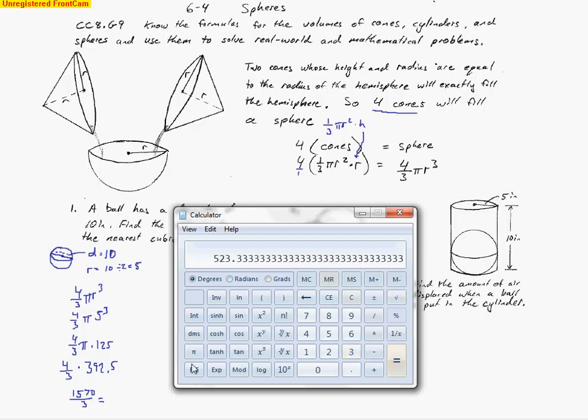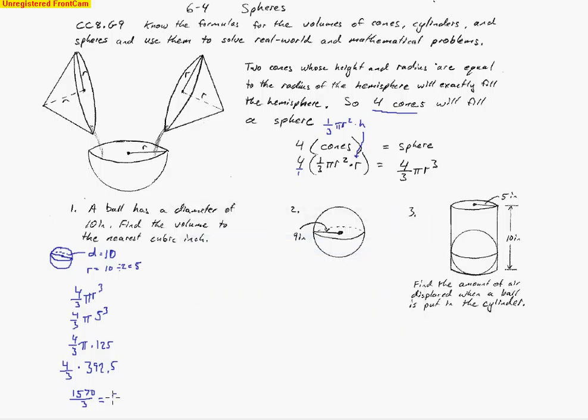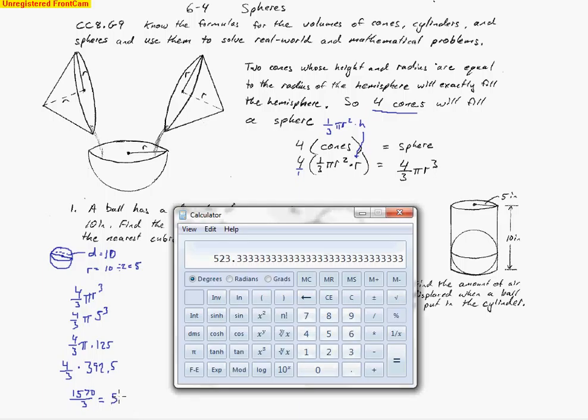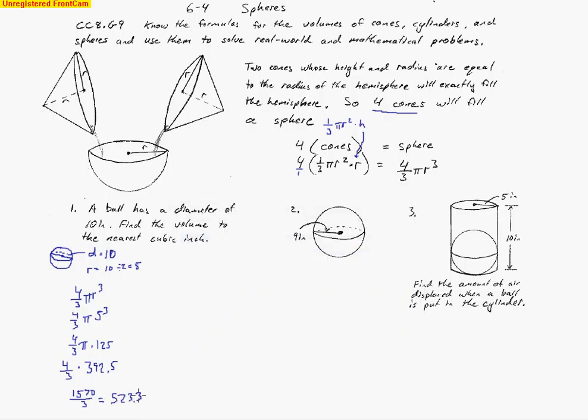I'm just leaving the numbers that are in it and doing the work. That number was 523 1/3. That 3 ended up repeating. They want us to round to the nearest cubic inch, so the 3 is not quite big enough to round that up, so we'll leave it as 523 inches to the third power.